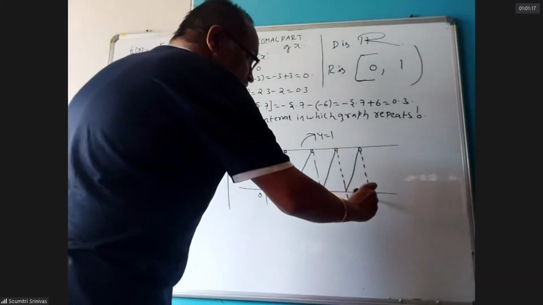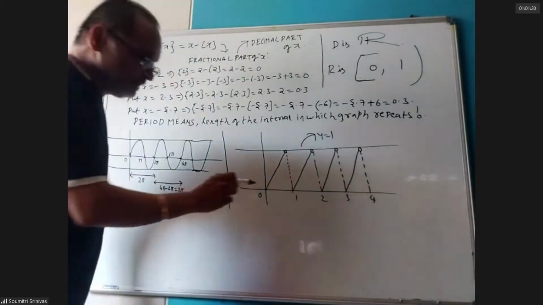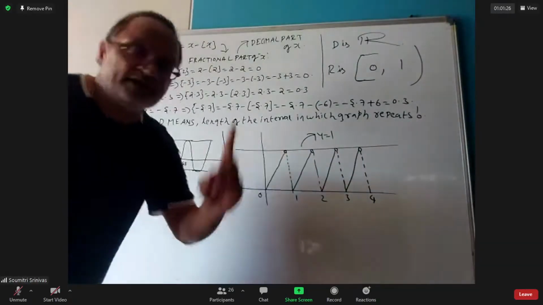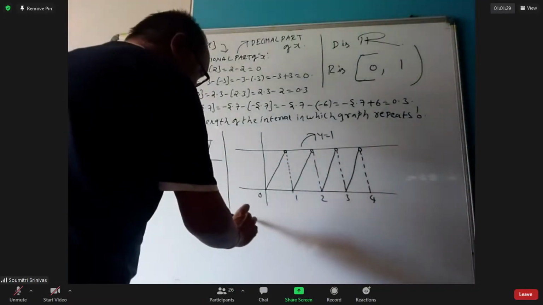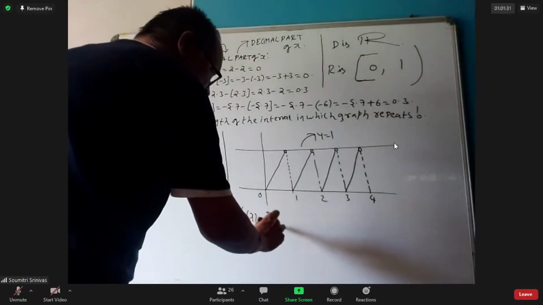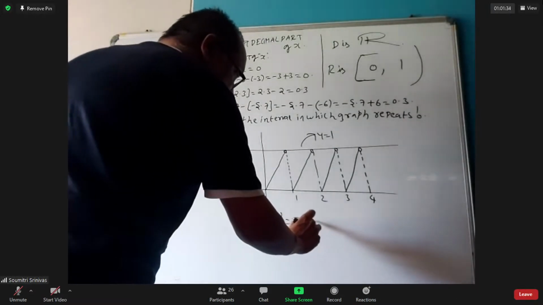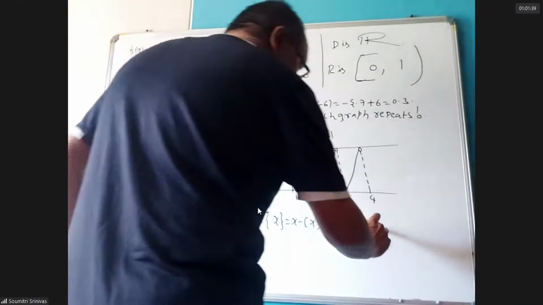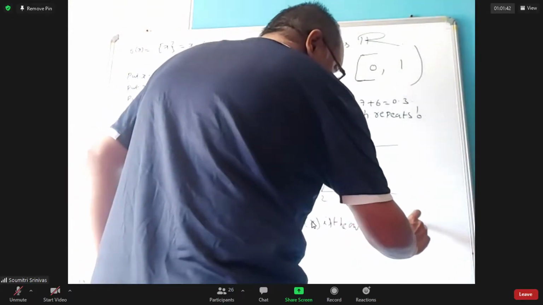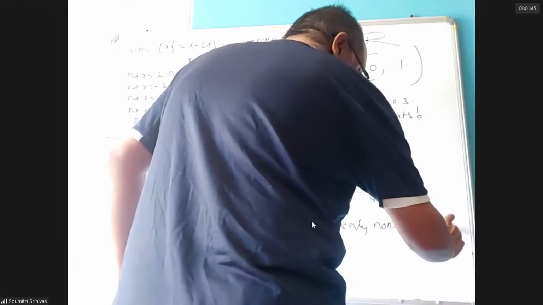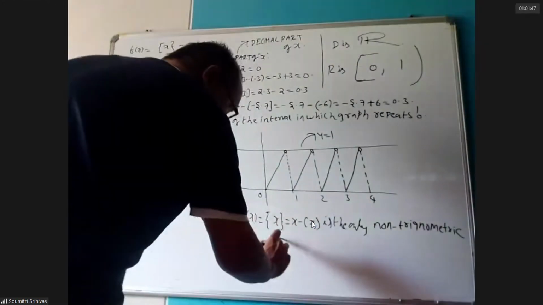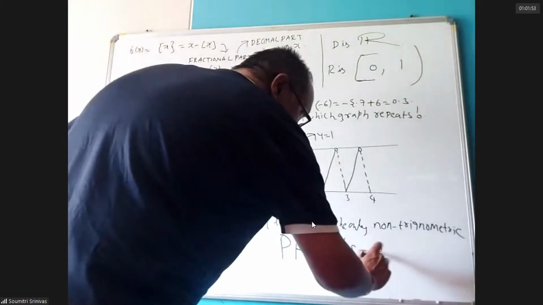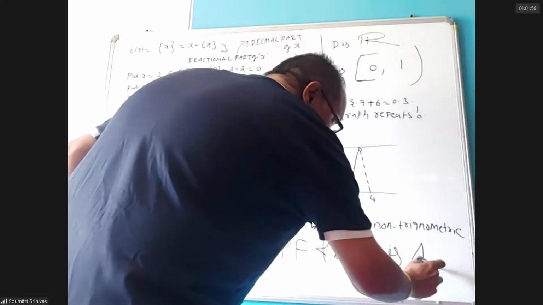2, 3, 4. What is the length of the interval in which the graph is repeating? 1. Hence, the fractional part of x, which is x minus floor of x, is the only non-trigonometric periodic function, and its period is 1.